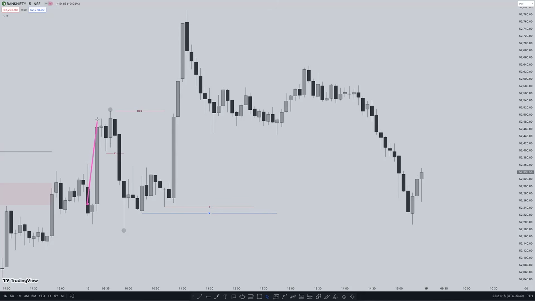This structure was created here, taking out the inducement, pushing downside, and this is a single-leg move right here. And after that, what happened? The market created a pullback here, like this one, and another pullback like this one, and then the market went up, right?